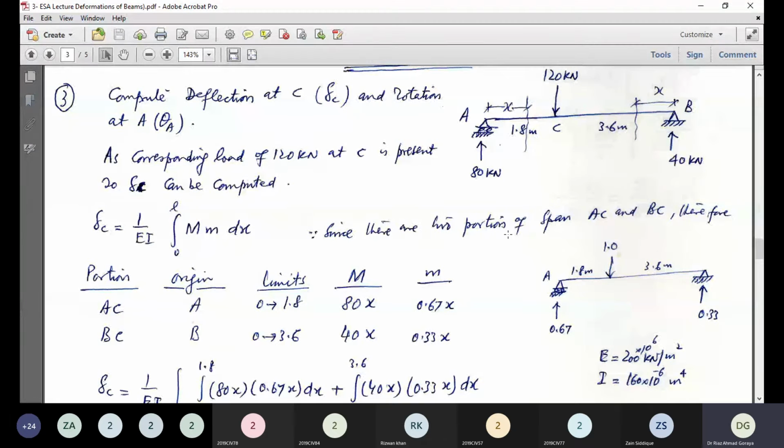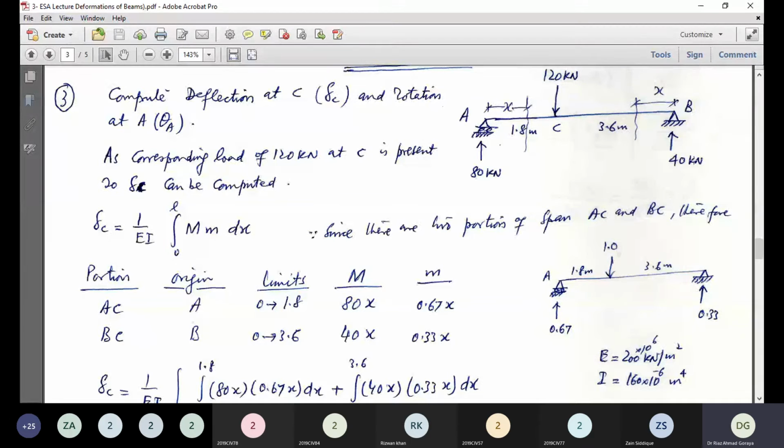Now as far as its general moment, before proceeding to this, we have to compute the reactions. Very conveniently, 120 into 3.6 over total, that is 5.4, will give you this reaction.